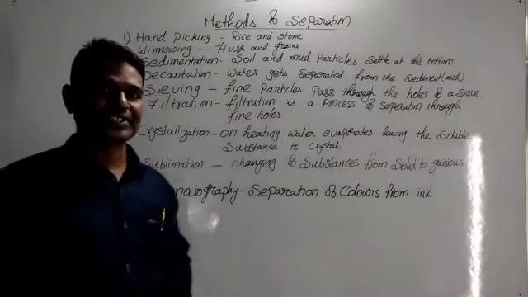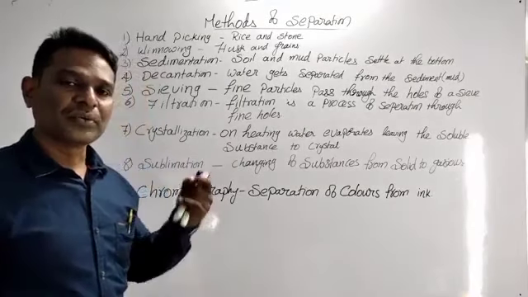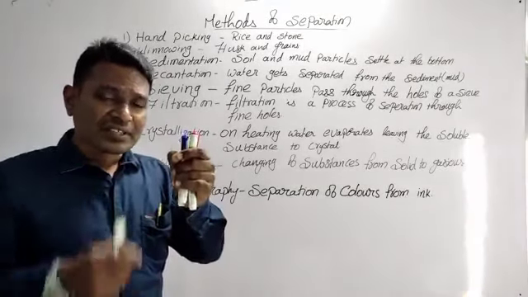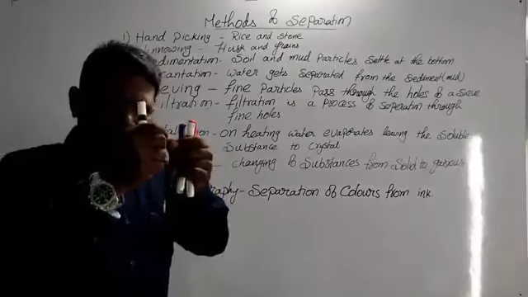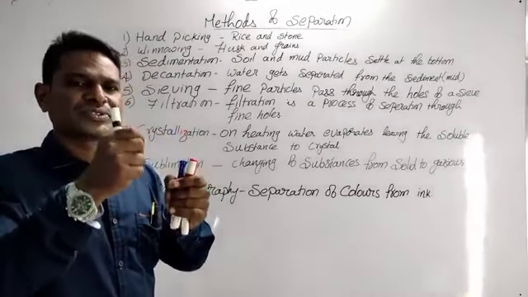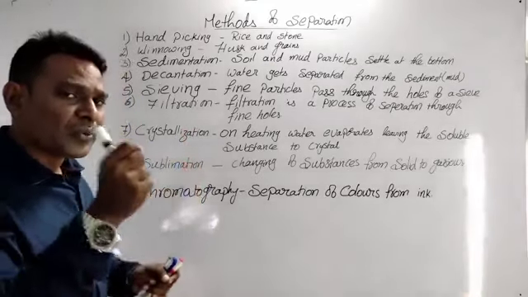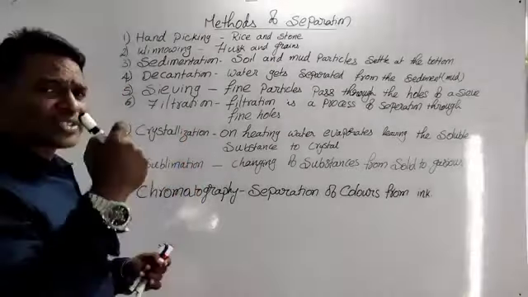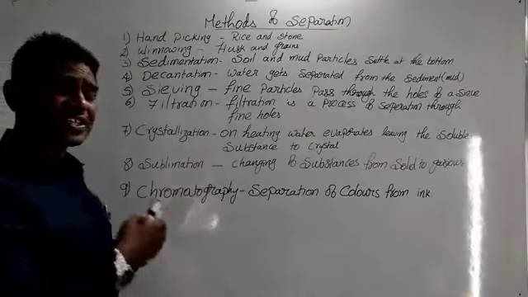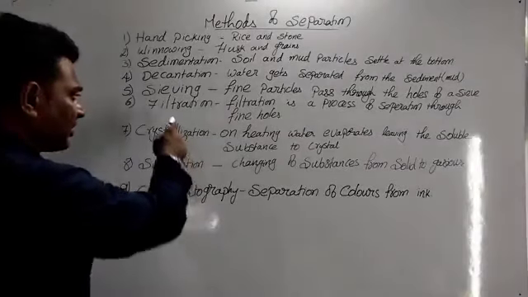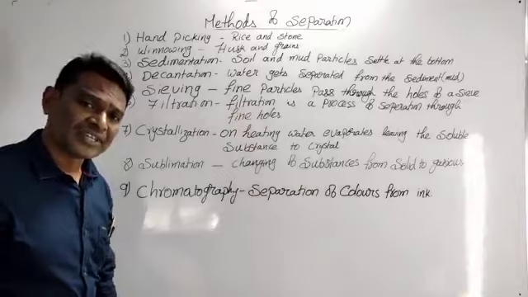And filtration: in filtration, the sieving system has very fine pores, and these fine pores will separate very clear substances, or simply we can say fluids can be separated. That process is called filtration.